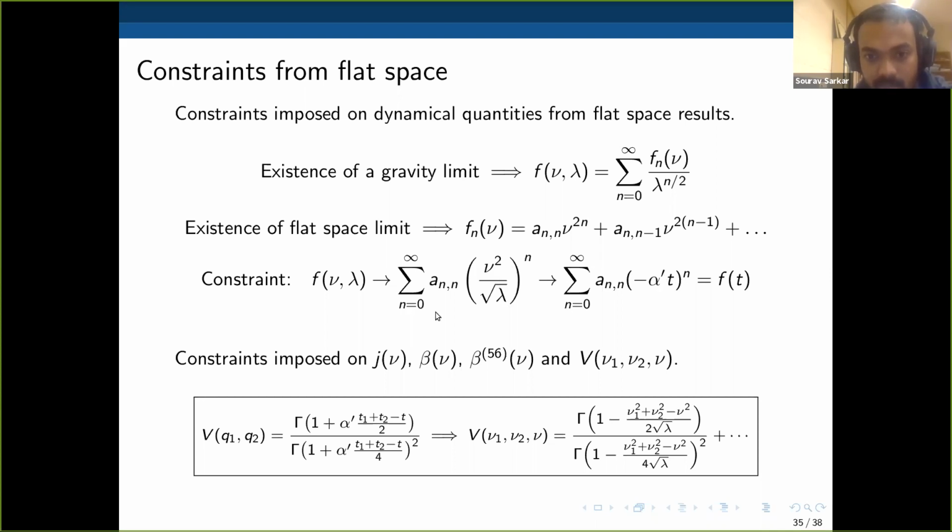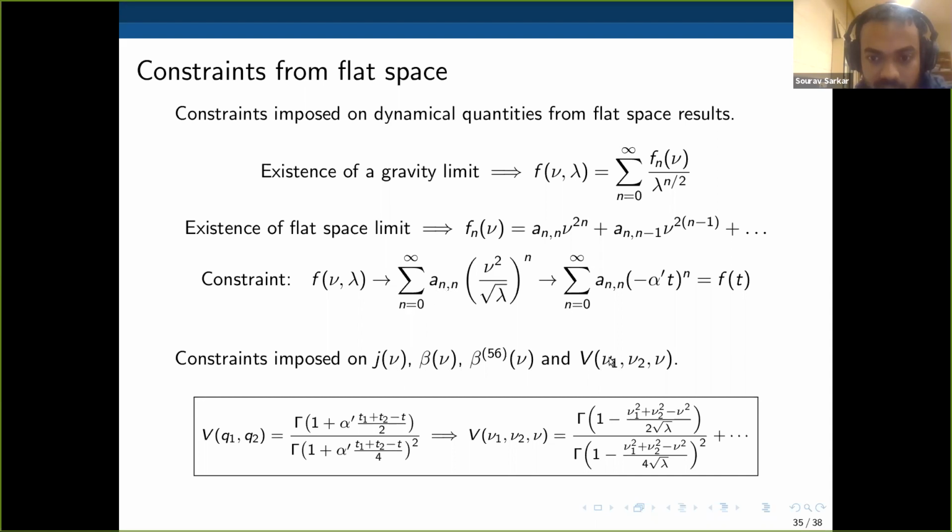So this sum with these coefficients, which are dynamical inside the CFT or in ADS, is equal to this flat space quantity. If we know this, then this serves as a constraint on these dynamical quantities. So by taking the flat space limit, we basically impose a constraint in this manner on the Pomeron spin and the propagators and the vertex function in ADS.